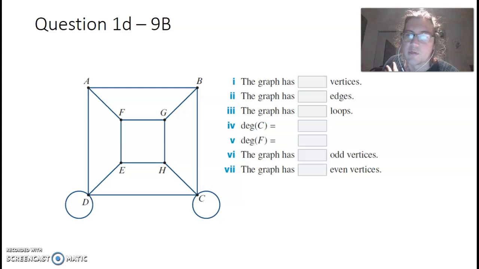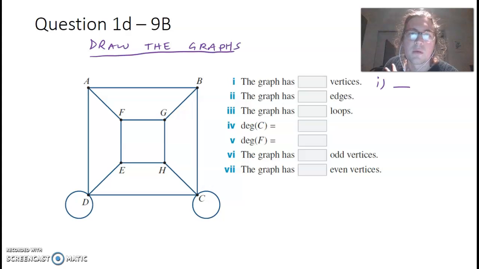I'm only going to accept it as complete if you draw out the graph like this, and show me what it looks like, and then I don't mind if you just put 1 like that and then write the answer, but you need to draw the graph. Draw the graphs. That's important. Good luck.